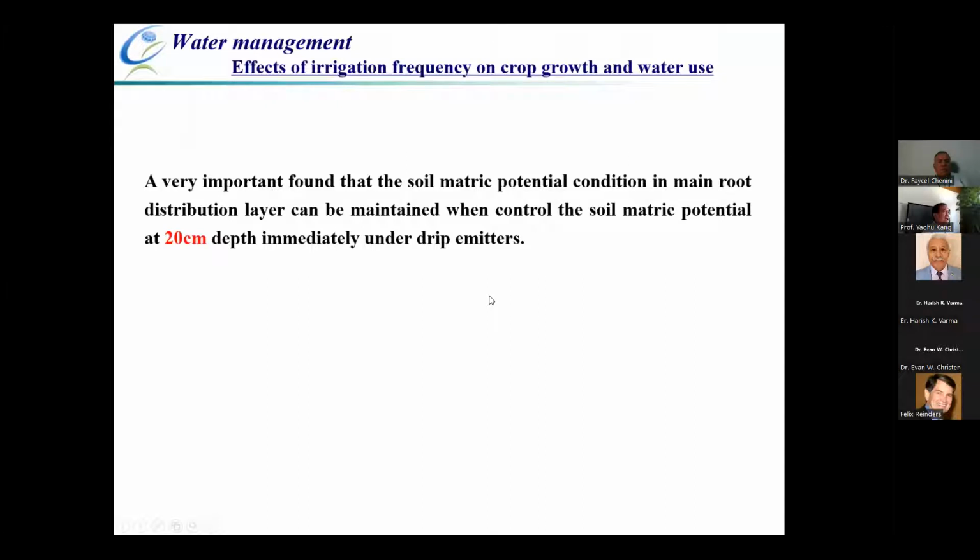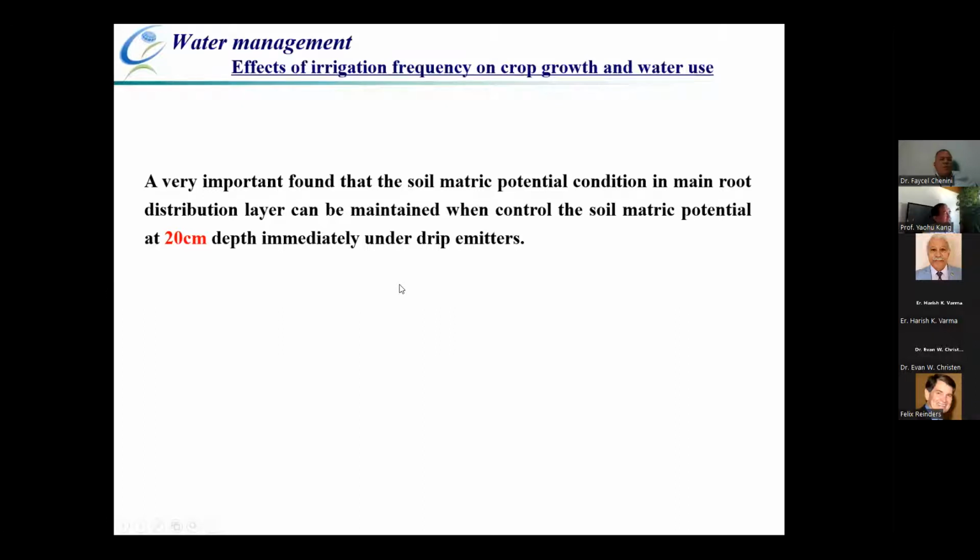During this experiment, we had a very important finding: the soil matrix potential condition in the main root distribution layer can be maintained when we control the soil matrix potential at 20 centimeter depth immediately under the drip emitter. As we know, the tensiometer has been known for a very long time, and scientists said the tensiometer would be good for irrigation scheduling.